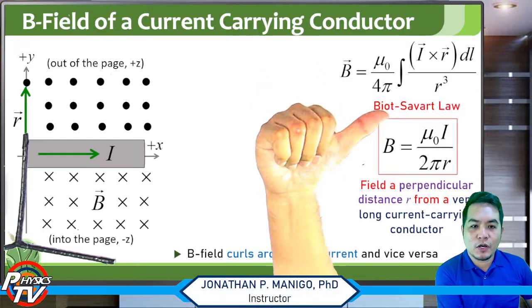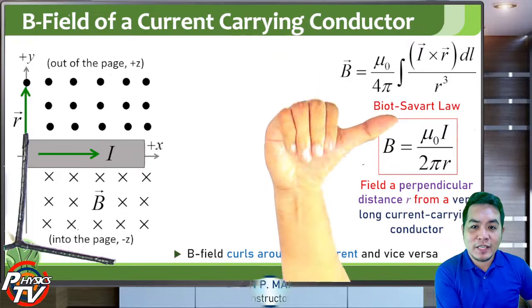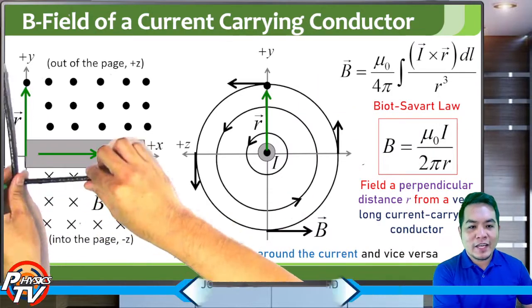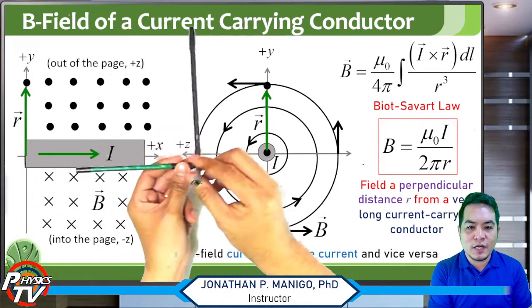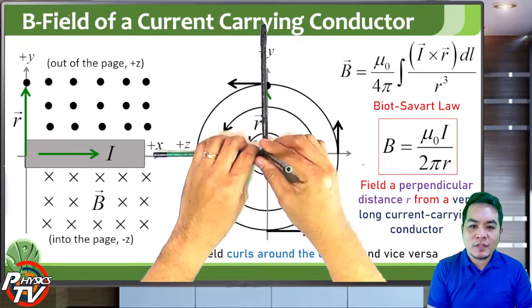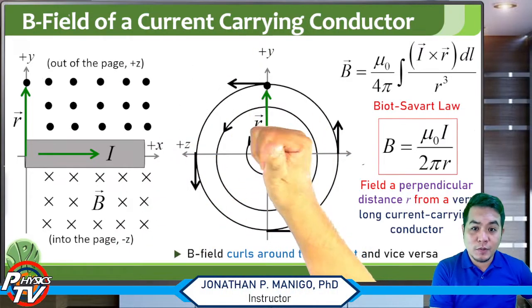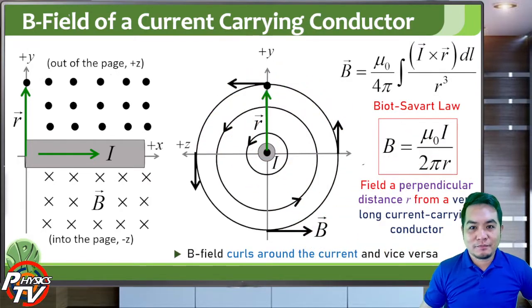It's curling around the current. If the direction of the current is my thumb, then the magnetic field is curling around my current. In another view, if I rotate this in such a way that the positive x-axis is now pointing towards you, then the current is moving through the positive x-axis, going towards you, and the magnetic field is curling around the current. Okay.